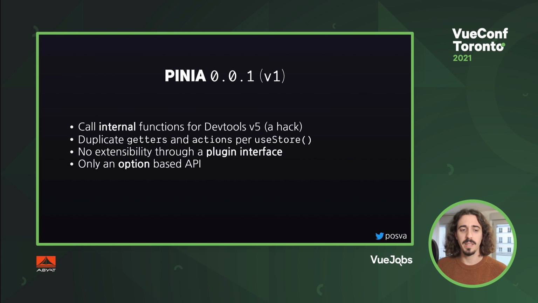It had duplicate getters and actions per useStore. So this was previous to the effect scope API. There was no extensibility whatsoever through a plugin interface. So you could forget about those local storage plugins or integration with the state, etc. And also there was only an option-based API, which I will talk about a little bit more later.